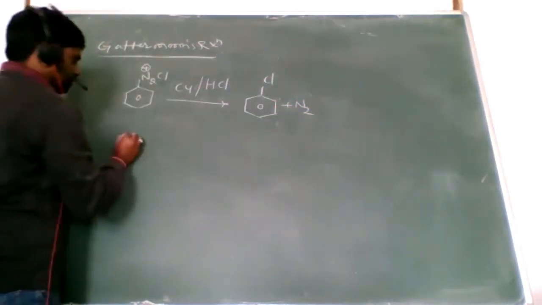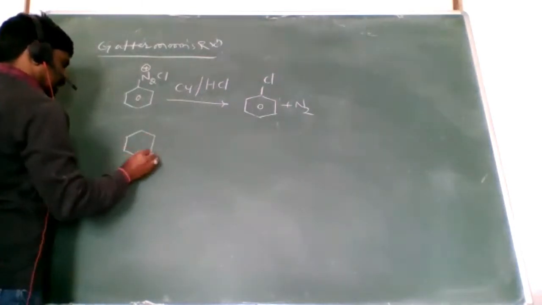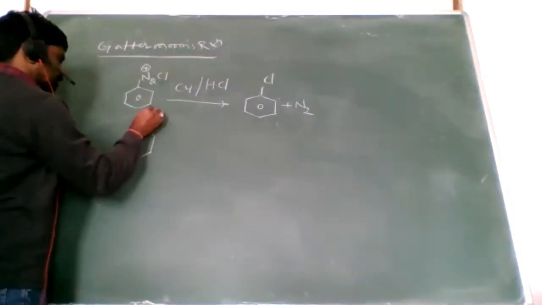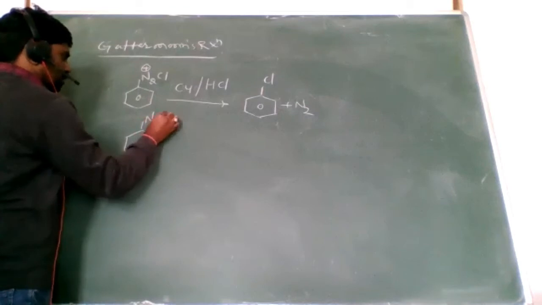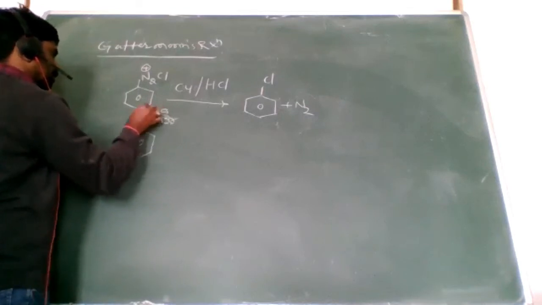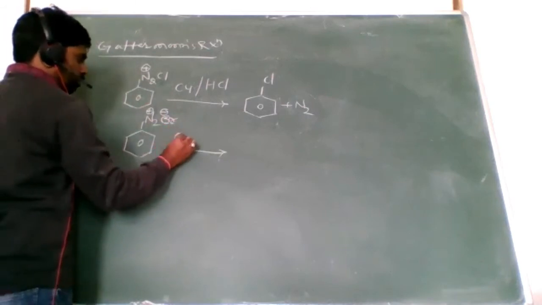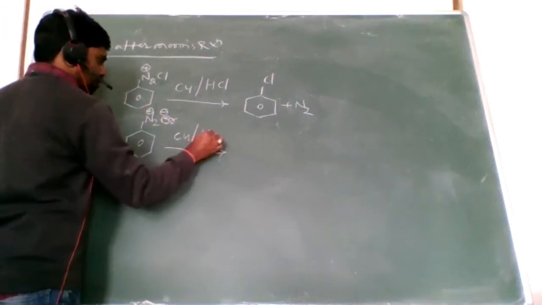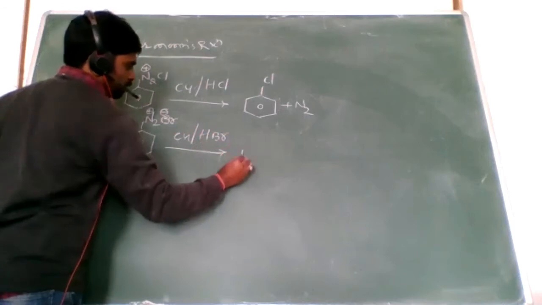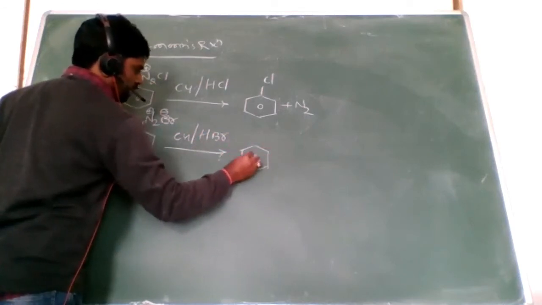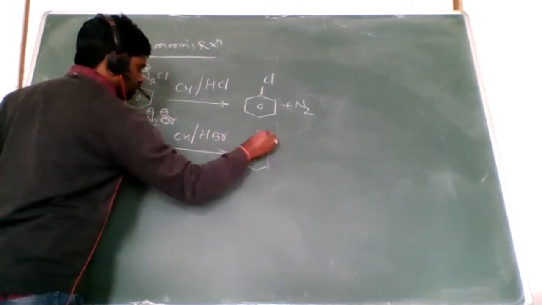And next, if you take a diazonium bromide, Br minus N2 plus, in the presence of copper powder, the corresponding halo acid is hydrogen bromide. We get bromobenzene.